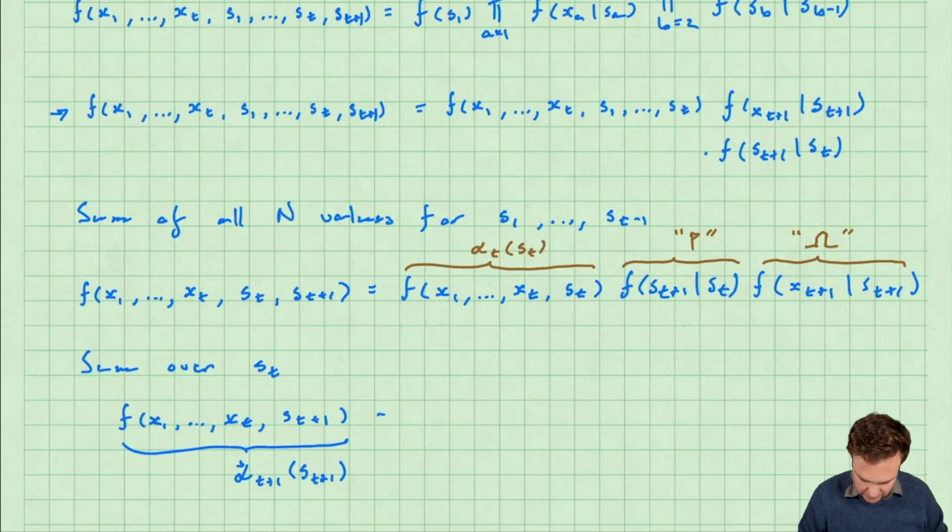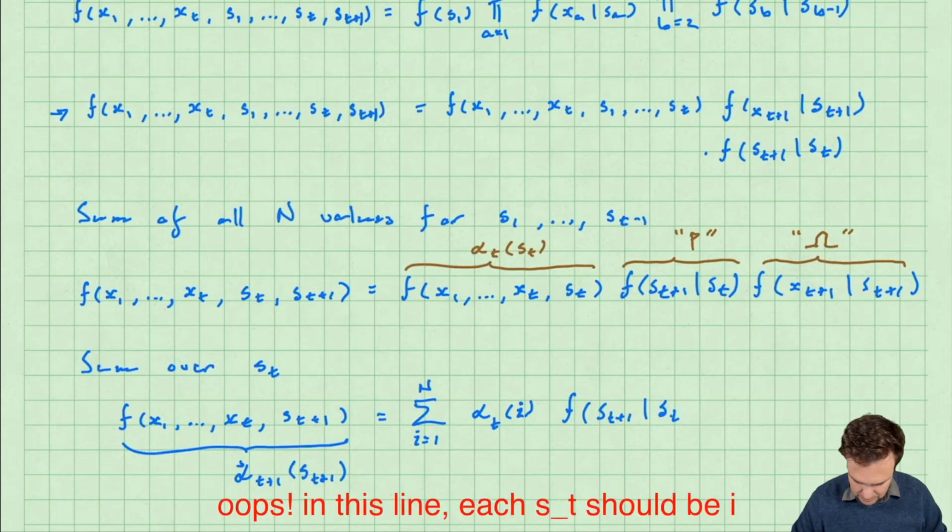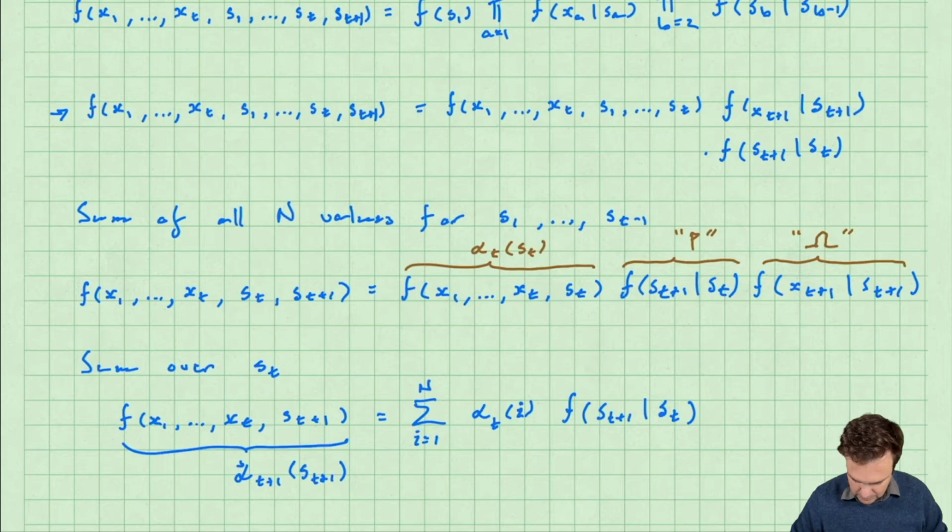And then the right-hand side: sum over i equals 1 to capital N. I'm just writing out the sum. This is alpha sub t, its ith element. That's just this guy here. The next one is the same, and this guy is the same.